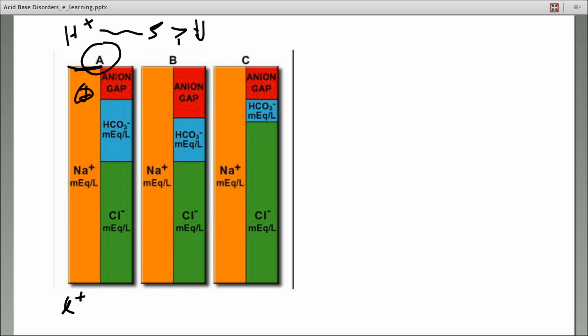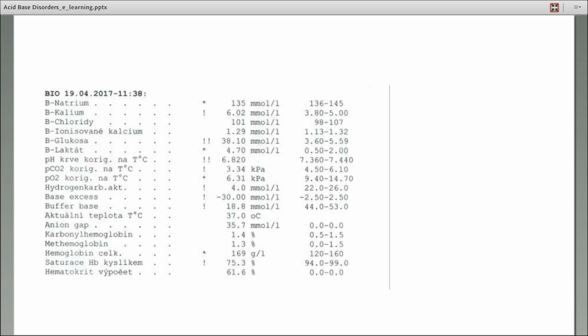So when analyzing metabolic disorders, metabolic disturbances, you always look for changes in minerals too. And according to these changes, we have also the classification of metabolic disorders, and we'll get right to it here.